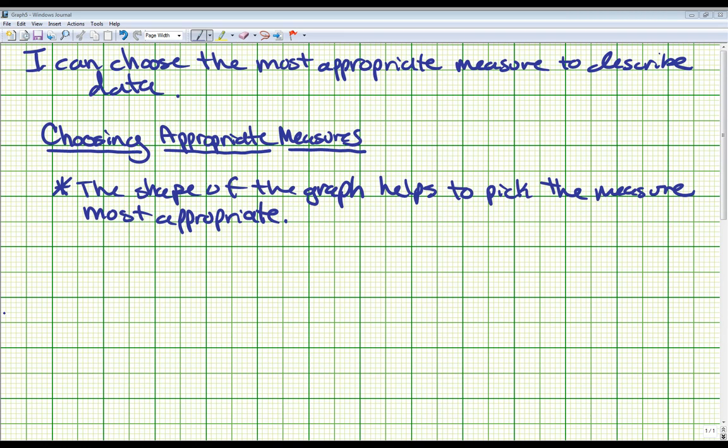So the shape is huge, okay? So here's a big asterisk right here. Key idea, page 456, choosing appropriate measures.